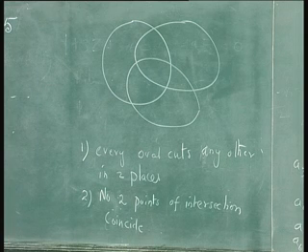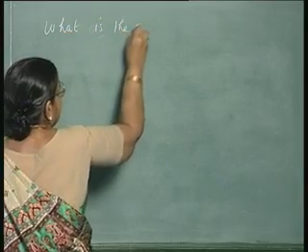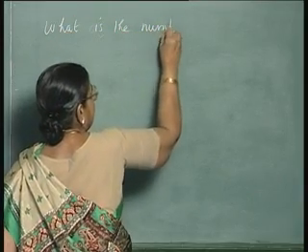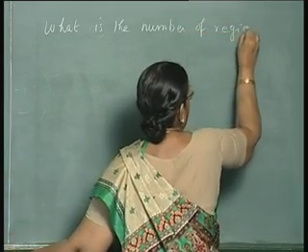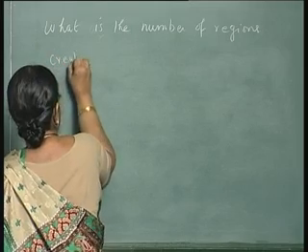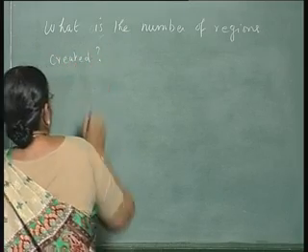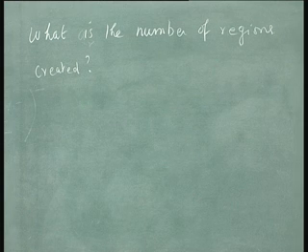In that case, what is the number of regions created? What is the number of regions into which the plane is divided?